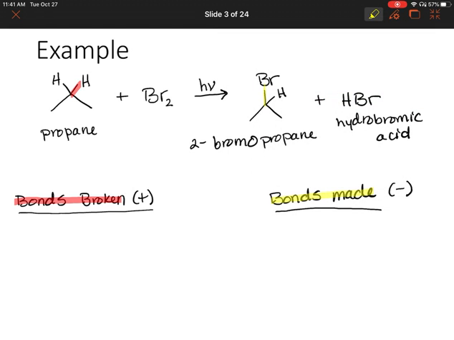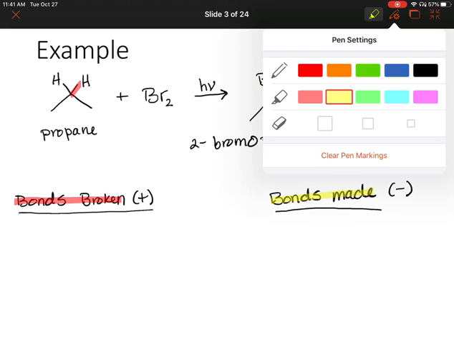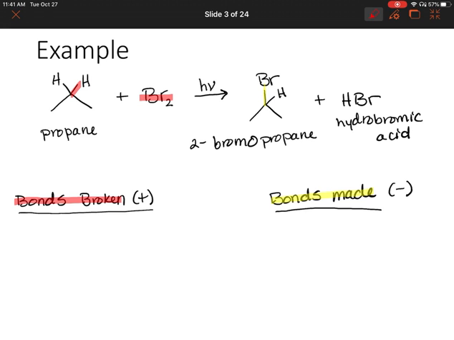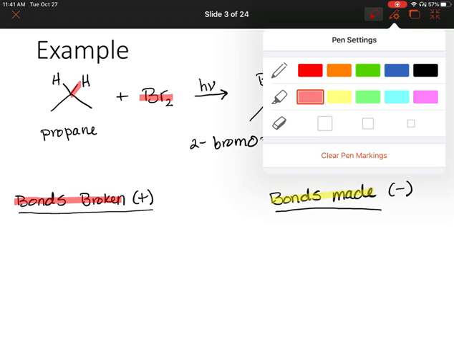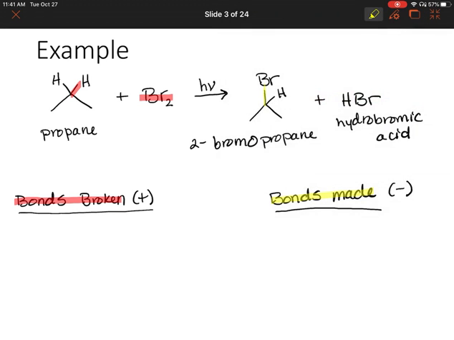All right, now we also had to break apart our bromines in Br2 in order for them to join other molecules or other atoms. So we already talked about this bond in 2-bromopropane, the carbon-bromine bond, but we also had to make a hydrogen-bromine bond in the products.